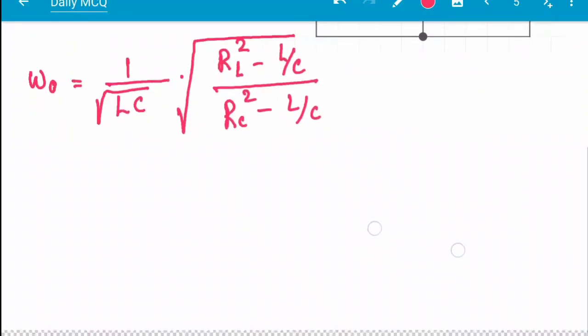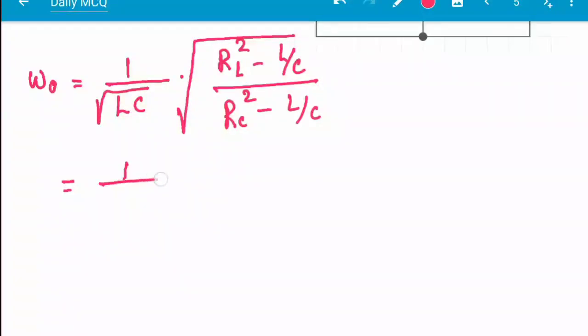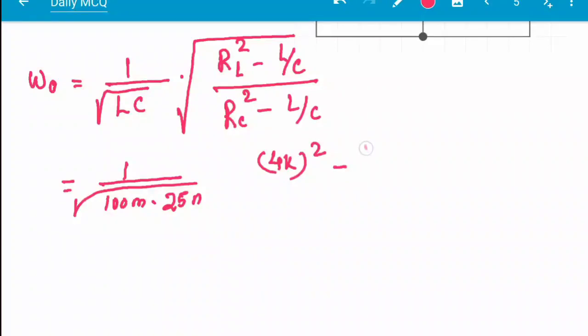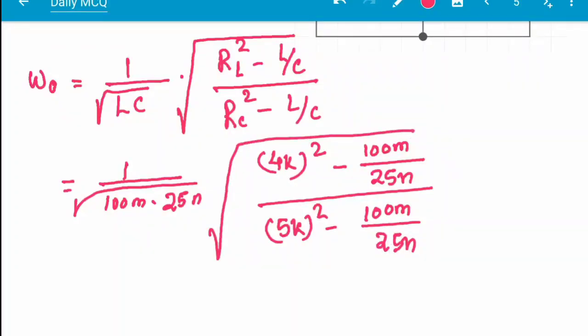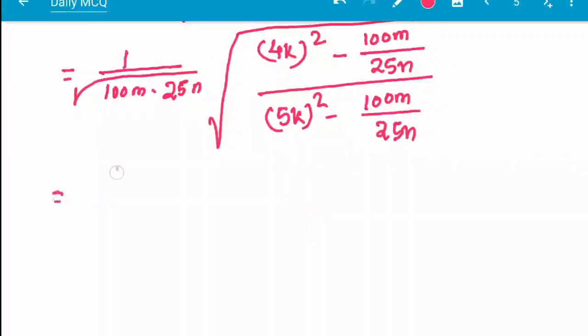So we will put the values: 1 by root over of 100 milli into 25 nano, and then root over of (4K square minus L by C), where L by C is 100 milli by 25 nano, by (5K square minus 100 milli by 25 nano).